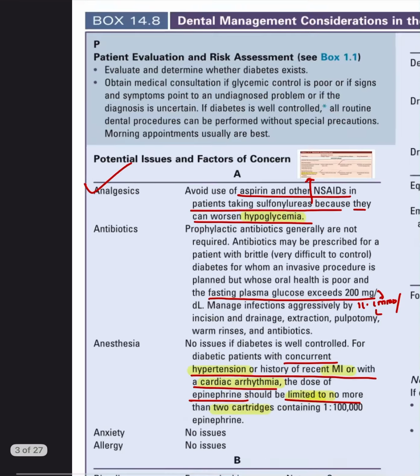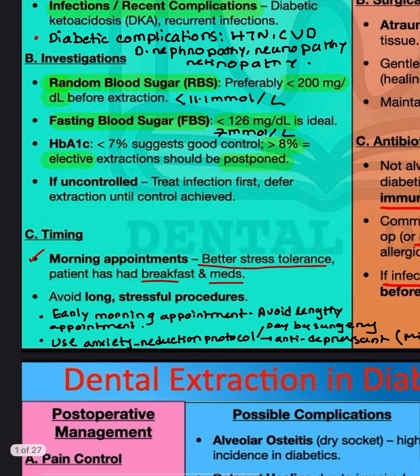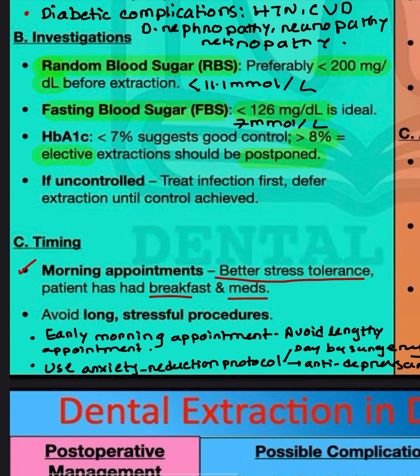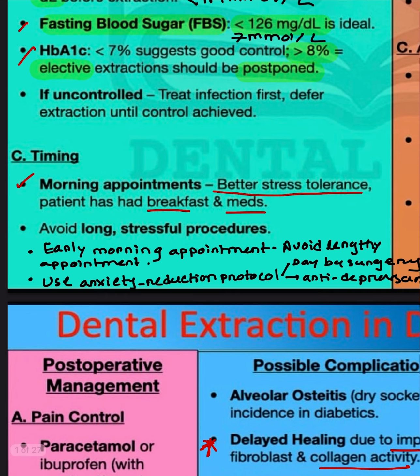Then, if the patient has not done the tests, we'll order some investigations. We can order random blood sugar, fasting blood sugar, and HbA1c. If the patient has uncontrolled diabetes mellitus, then we have to refer the patient. If the patient has uncontrolled diabetes mellitus and an infection, then we'll treat the infection.